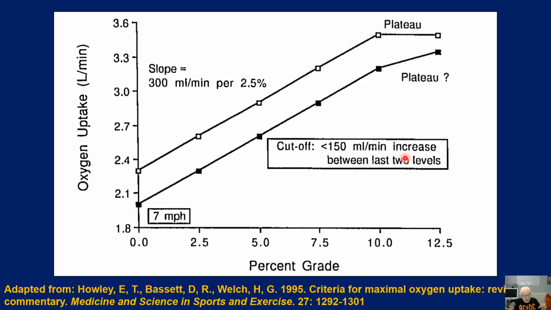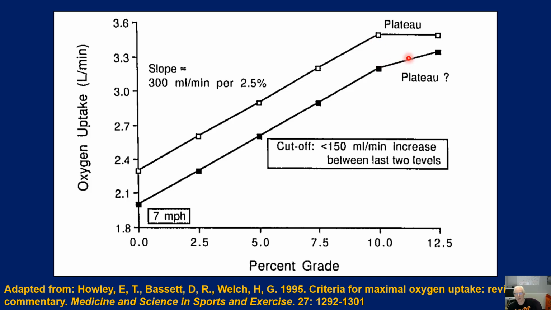The issue is they are not standardized to the population that you're working with. They have to be standardized to your participant and the protocol that you're using to ascertain that it is a VO2 max.